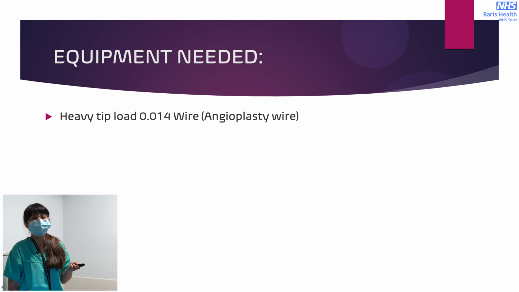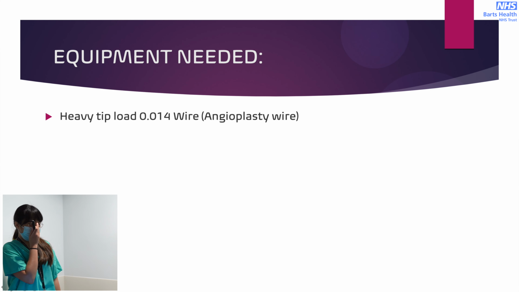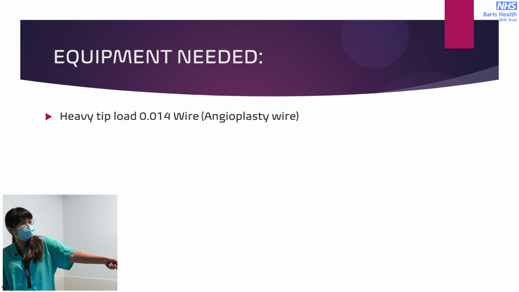So tip load refers to the stiffness of the wire. The higher the tip load, the stiffer the wire is. Any examples of a high tip load wire? Angioplasty wire, for those who do CTO. Yes, you have Hornet.